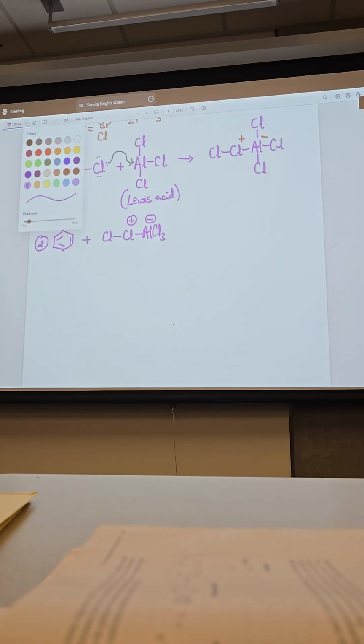The benzene pi electrons attack the terminal chlorine, which causes these electrons to neutralize the positive charge. That breaks the Cl-Cl bond. Do you guys see that?